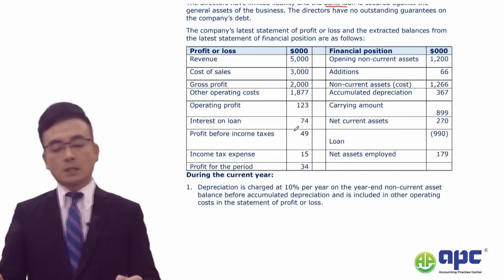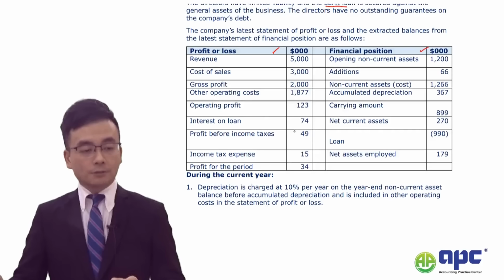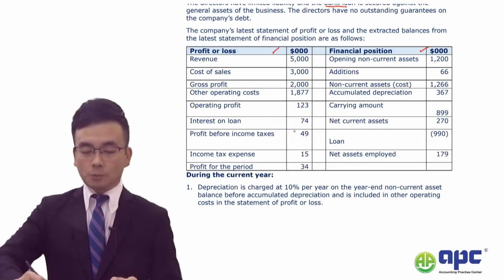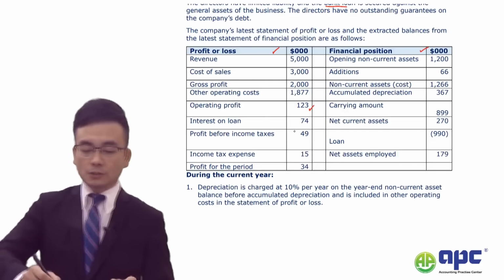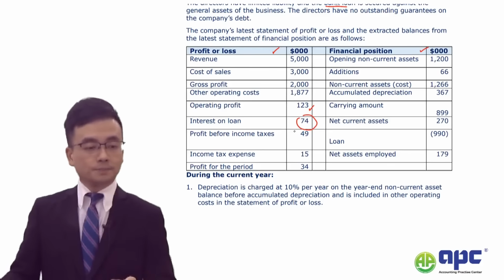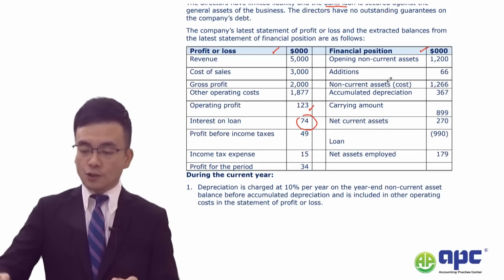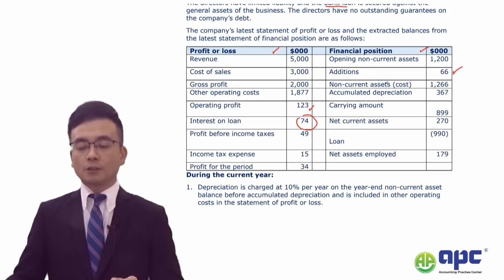We are given the P&L and the SFP on the left and right hand side, and of course you need to focus on the operating profit. So for example, you need to focus on the interest on loan, okay, as I said before. And on the right hand side, you've got the additions of a non-current asset.